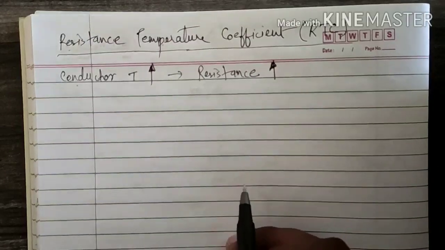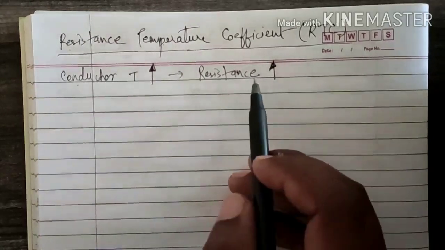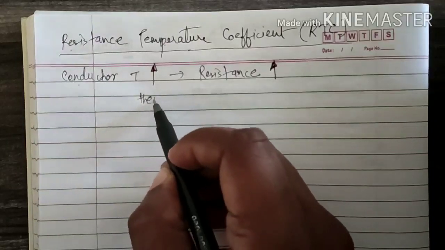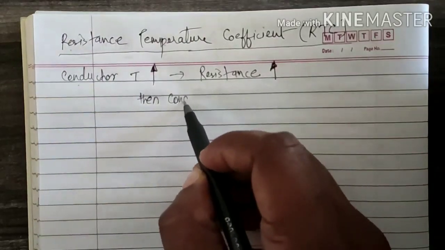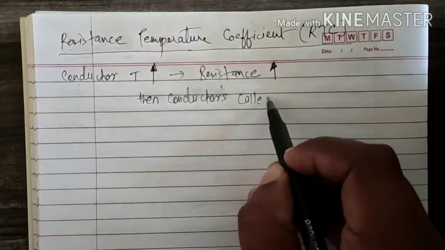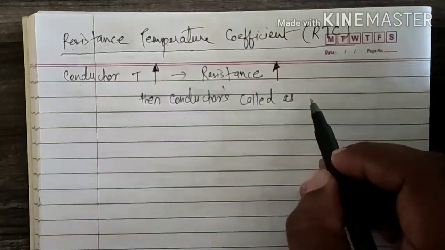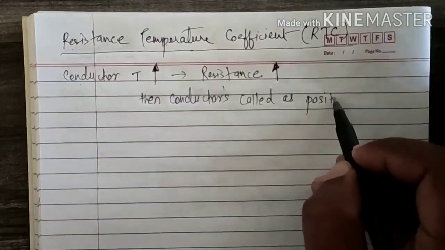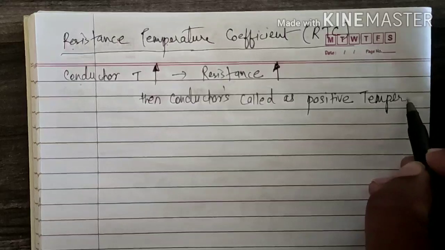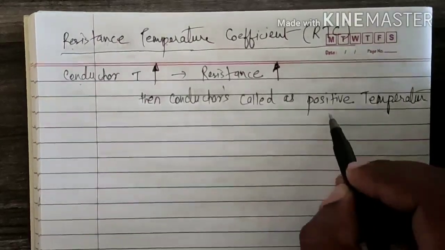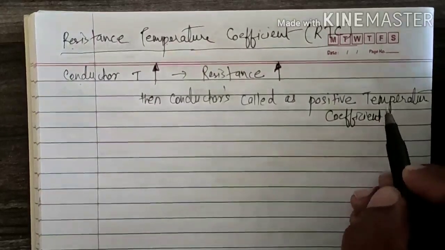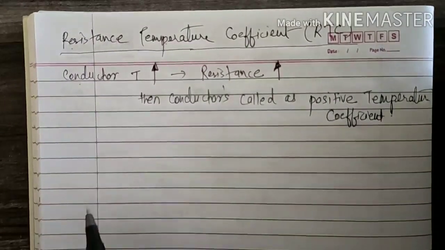Hence the conductor can be called a conductor with a positive temperature coefficient.